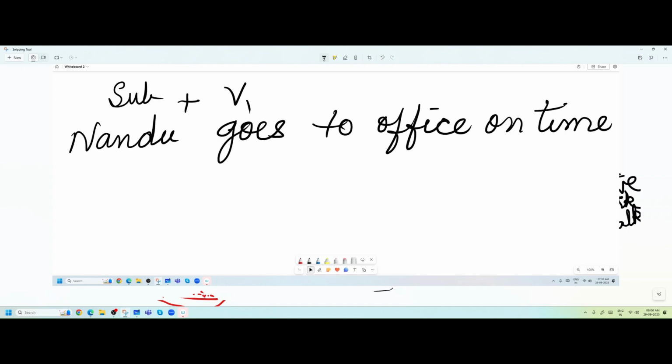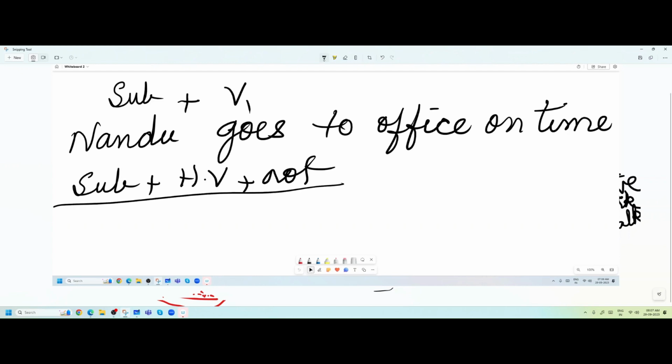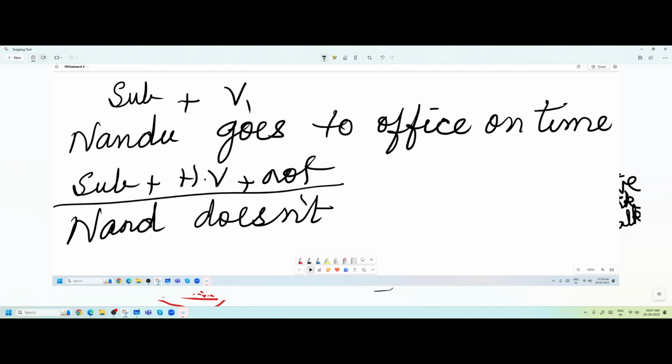So if I want to make it negative, subject plus helping verb plus not. So Nandu doesn't go to office on time. Nandu, don't you get questioned when you don't go to office on time?